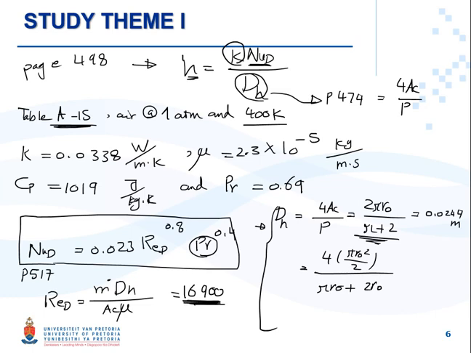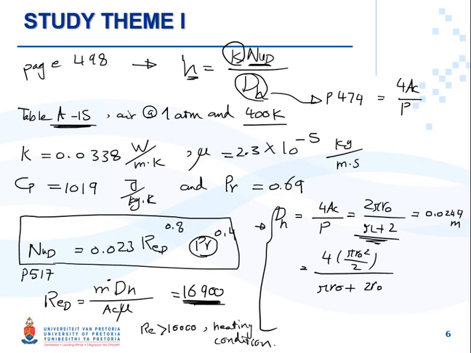Page 517 of your textbook says you can use this correlation for Reynolds numbers more than 10,000 and heating condition. Okay, it looks like everything is fine.